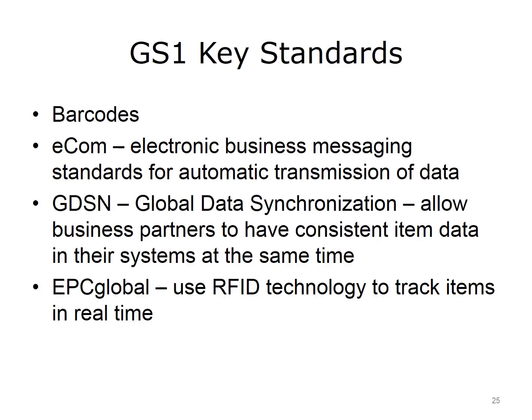Key GS1 standards include barcodes, ECOM, Electronic Business Messaging Standards for Automatic Transmission of Data, and GDSN, Global Data Synchronization, which allows business partners to have consistent item data in their systems at the same time. EPCglobal uses RFID technology to track items in real time.